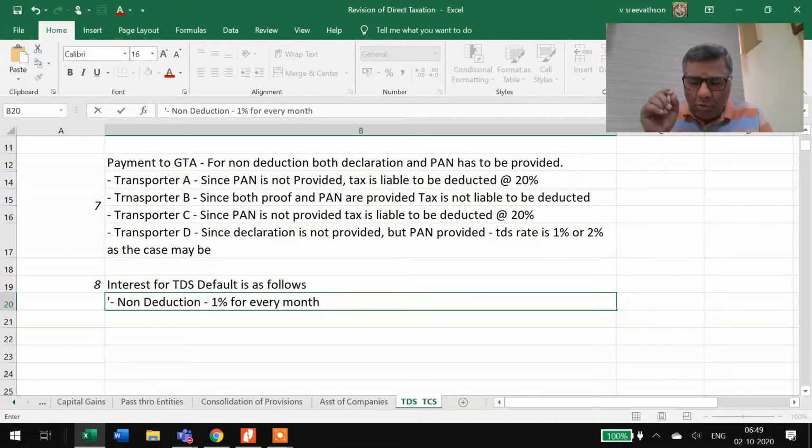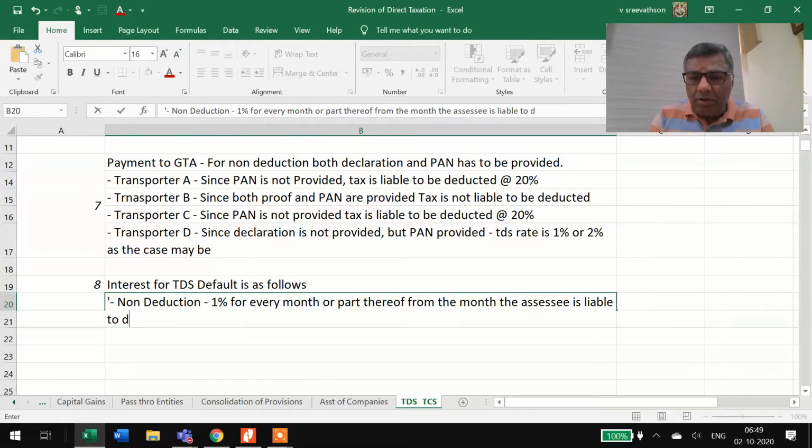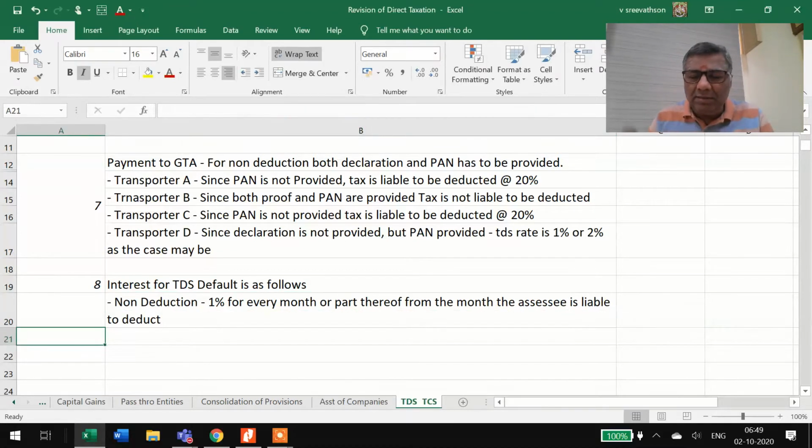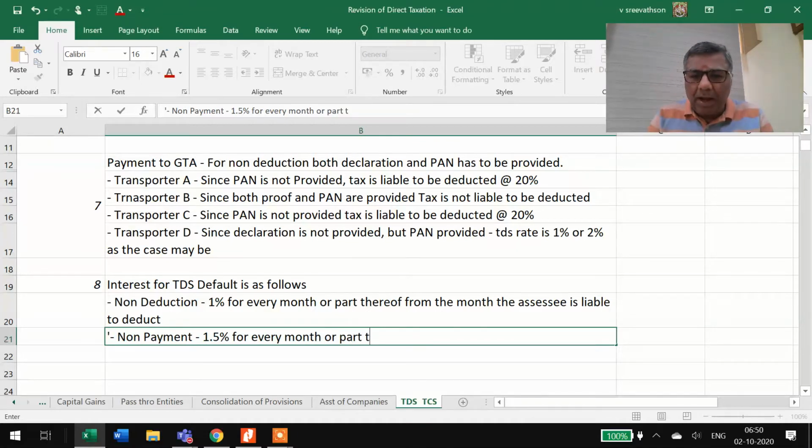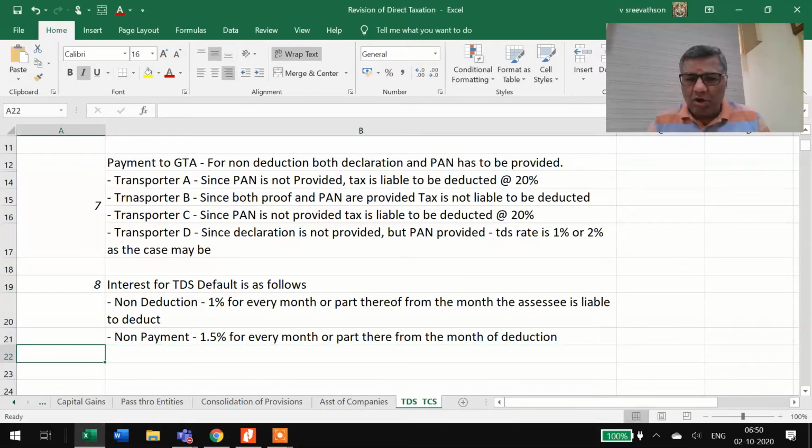Non-deduction 1% for every month or part thereof, from the month the assessee is liable to deduct. Okay, non-payment: you have deducted but not paid, 1.5% for every month or part thereof from the month of deduction.